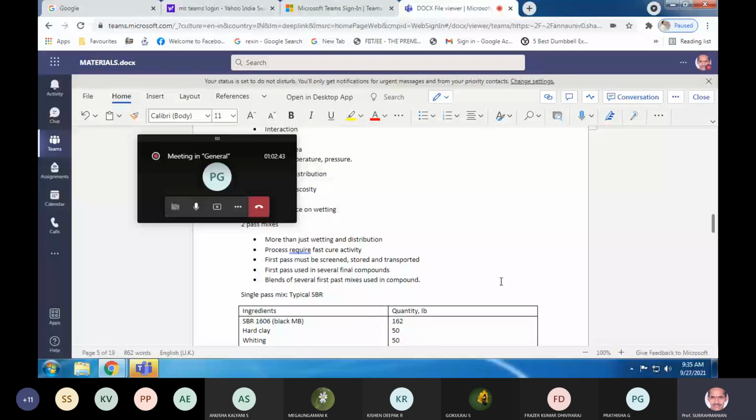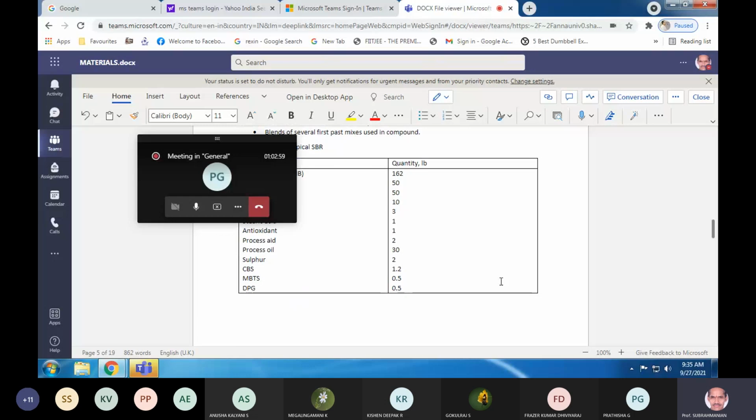Very often it is a two-stage mixing. In stage one, we prepare a master batch. In stage two, we add the curatives. That is it.